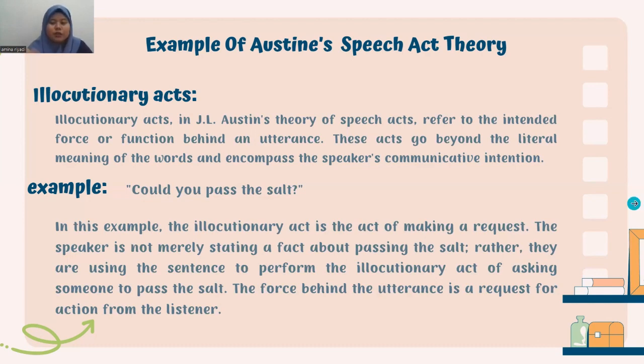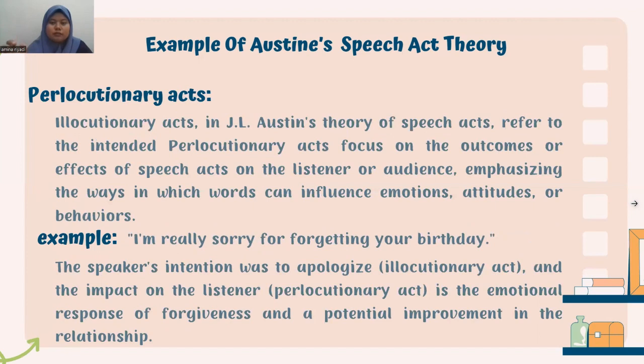Okay, we move to the next theory, perlocutionary acts. Perlocutionary acts focus on the outcomes or effects of speech act on the listener or audience, emphasizing the ways in which words can influence emotion, attitude, and behavior.